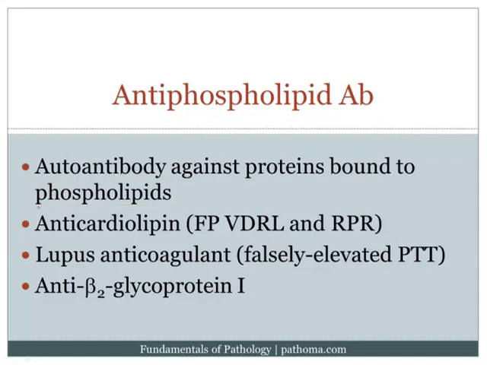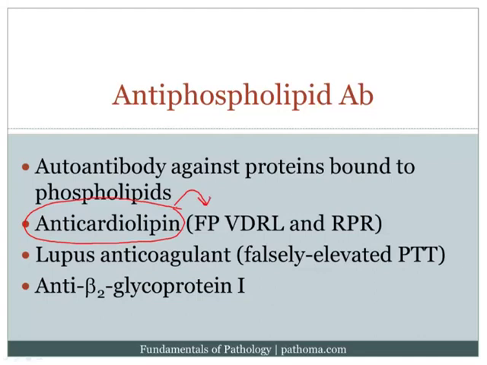There are 3 antiphospholipid antibodies that are commonly tested clinically. The first is anti-cardiolipin antibody, the second is lupus anticoagulant, and the third is an antibody called anti-beta-2 glycoprotein 1. The anti-cardiolipin antibody is particularly interesting because it can produce a false positive screening test for syphilis.